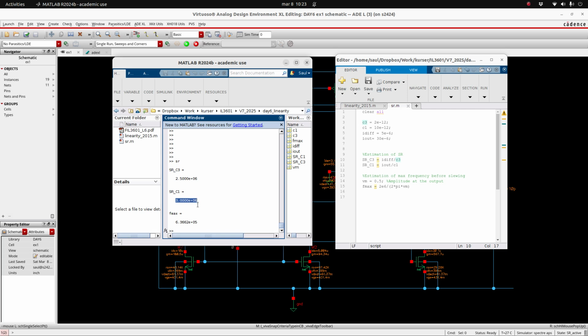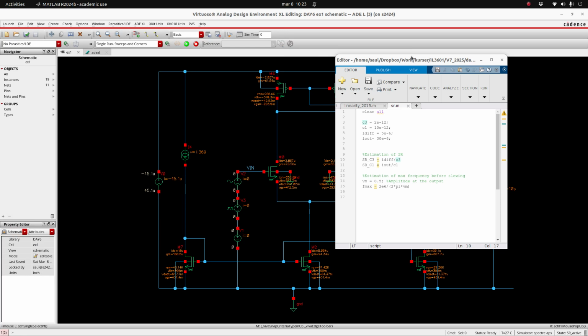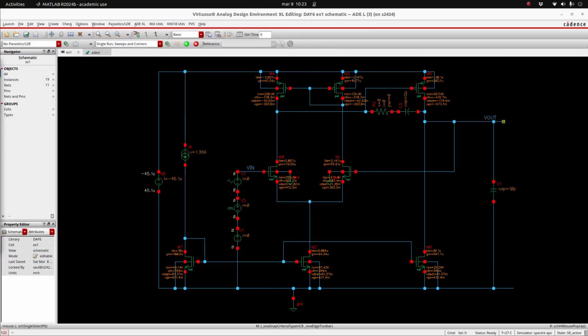Okay, so this is the slew rate without assuming that these currents are adding and subtracting at the node. Now this is more or less already an indication of the performance that I should expect. So it will be below 2.5 megavolts per second, that is my limit.